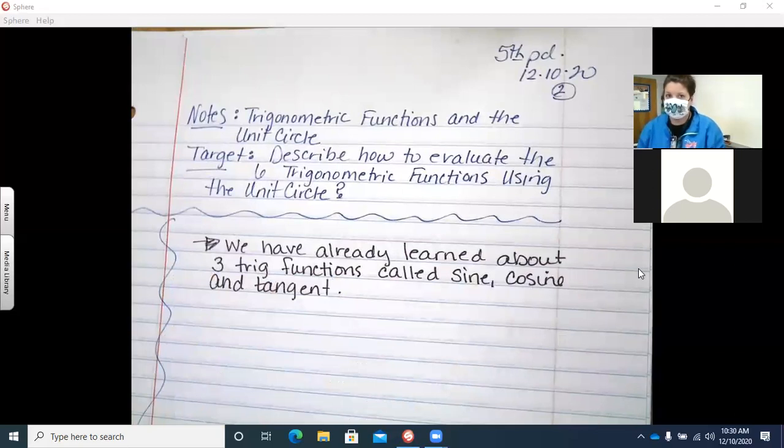But our target today says describe how to evaluate the 6 trigonometric functions. Well, we already know how to do 3.